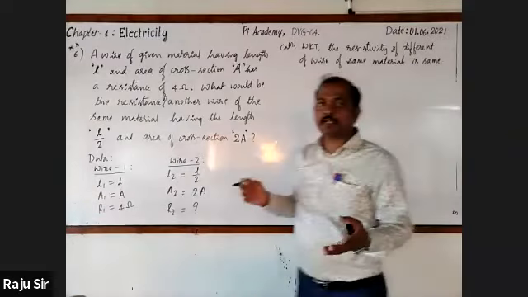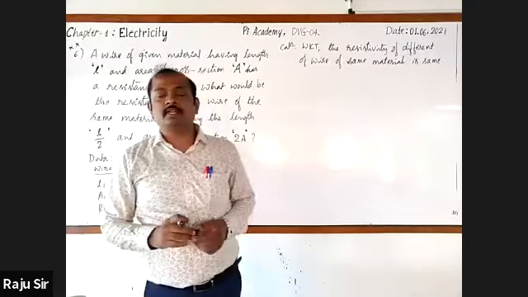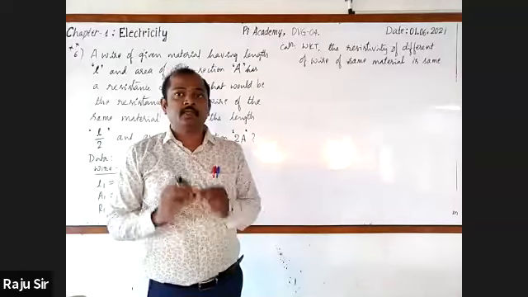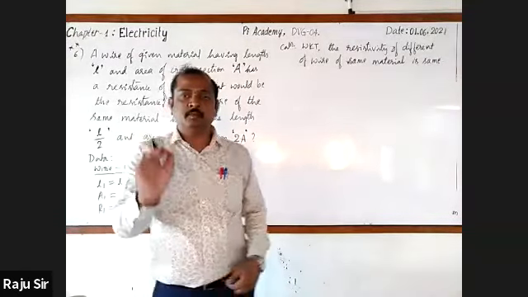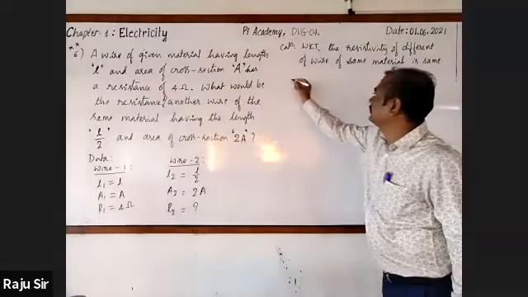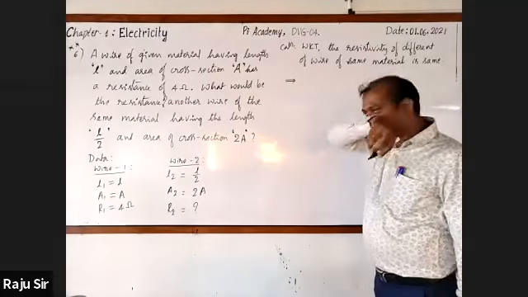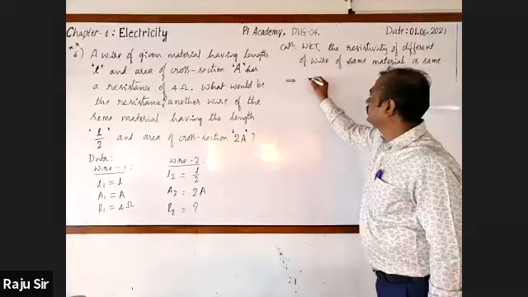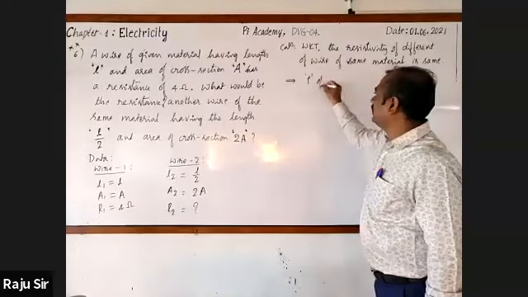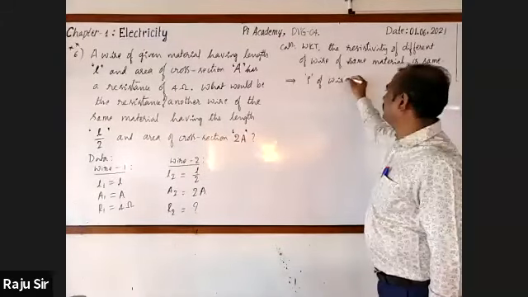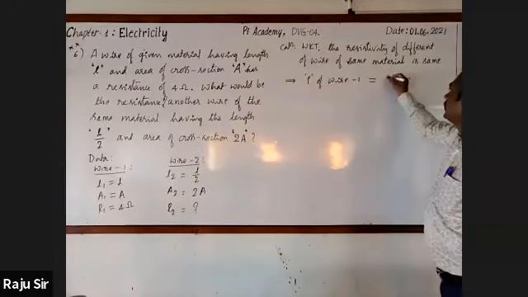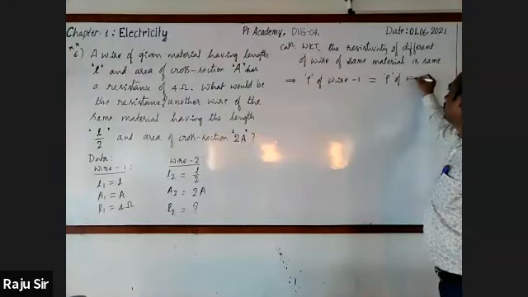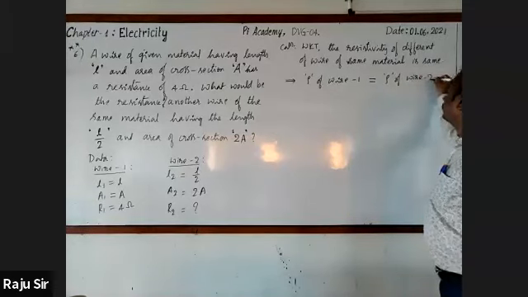You may increase or decrease the length, you may increase or decrease the area of cross section, but the resistivity of that material will be the same. Therefore, we can write the resistivity, rho, of wire 1 is equal to the resistivity of wire 2.